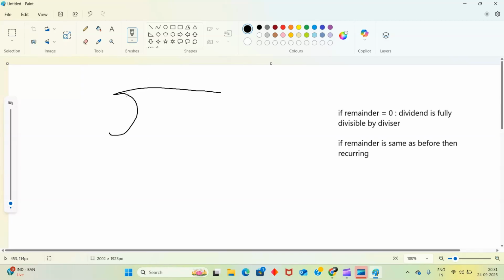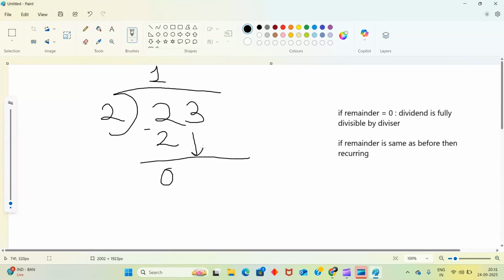Let's take an example of 2 and 23. 2 is divisible by 2, so 2 ones are 2, and subtracting, I get the 3 here. Then 2 ones are 2, and if I subtract, I get 1 here.